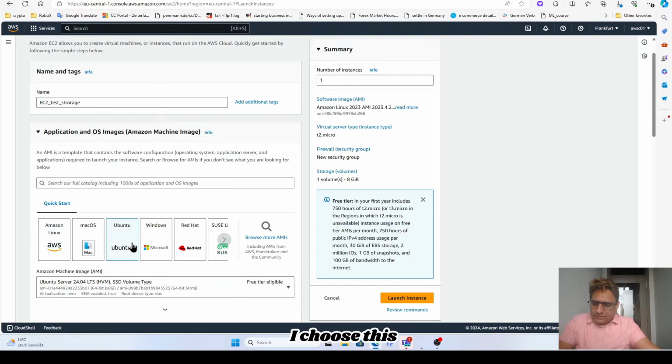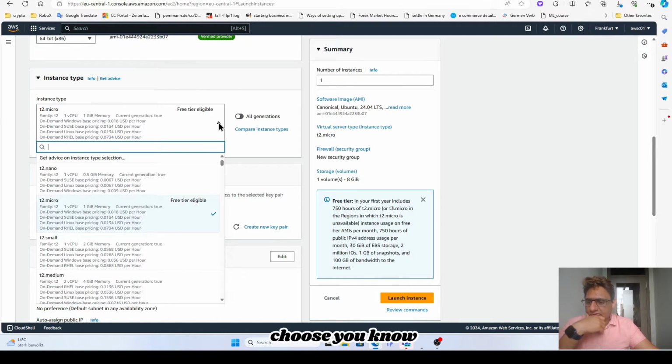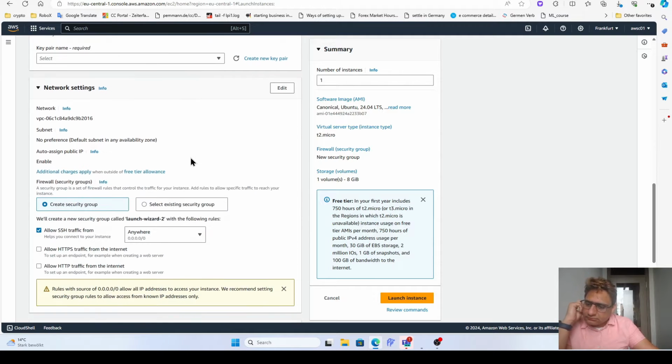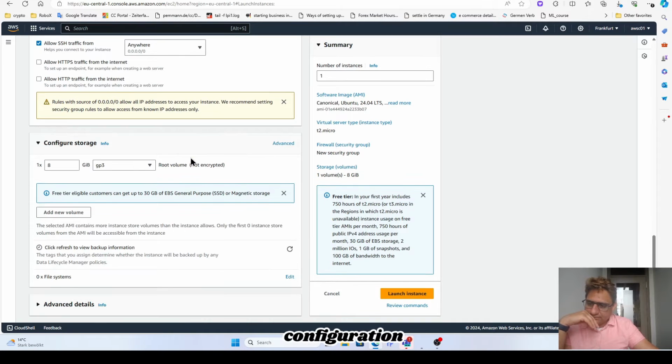So I choose this one here, and this is the instance type. There are different types of instances which you could choose, small, medium, whatever. And then there is always the volume configuration, which is here.